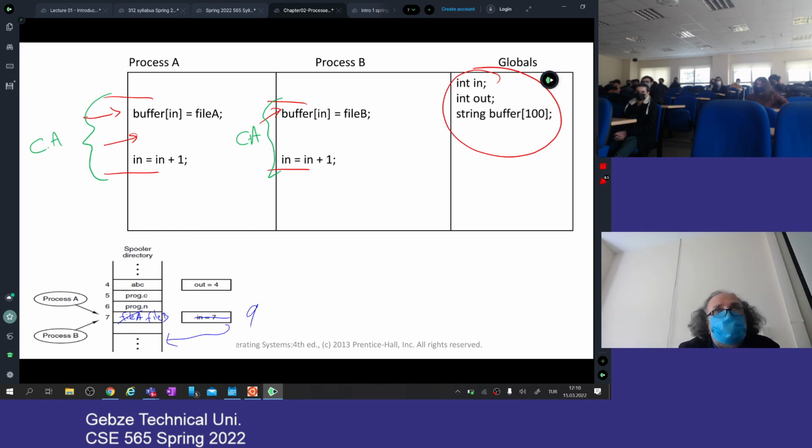You will not make any such assumptions. So you will not say the chance of having a process switch from A to B is one in a billion. Well, that's true, maybe 1 in a billion, but that 1 in a billion will happen in 1 or 2 days. When it happens, somebody's file gets lost.